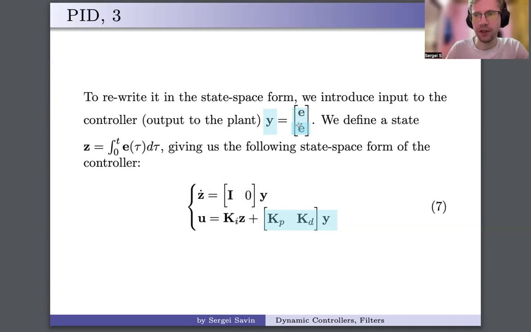States, you remember when we defined them in the first lecture, are the variables that define the current position of the system. They are sufficient to predict, like if you know the current state, you can predict all future actions of the system. You need to know the current velocity to predict how the system will go forward, right? It goes back to the Cauchy problem.